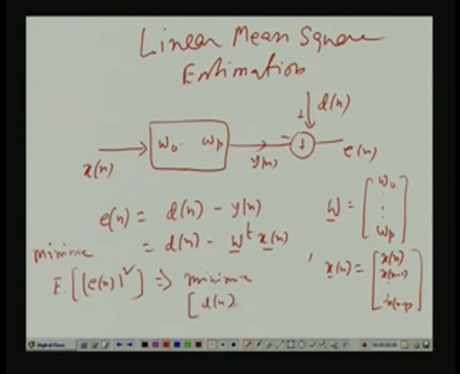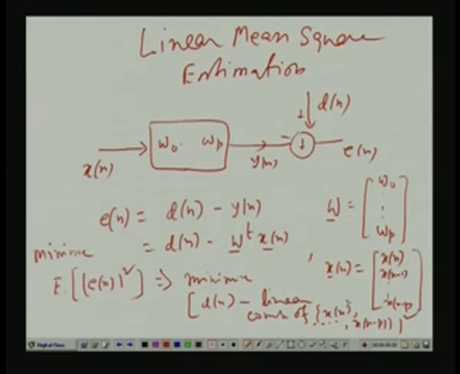Dn minus a linear combination of Xn dot dot dot up to Xn minus p, square of that. That is, we consider the subspace spanned by Xn minus 1 up to Xn minus p. We have to find an optimum linear combination.